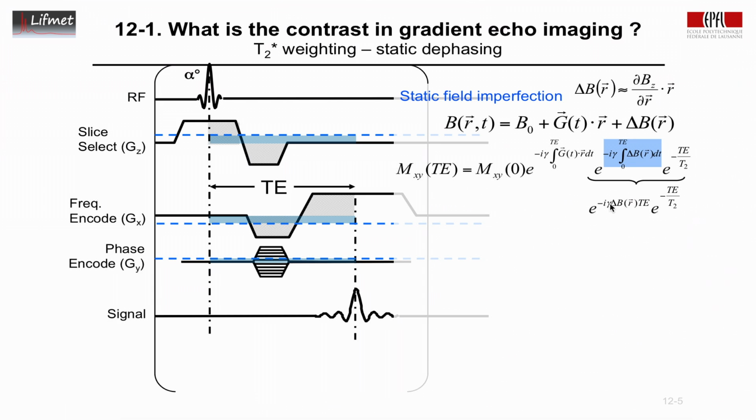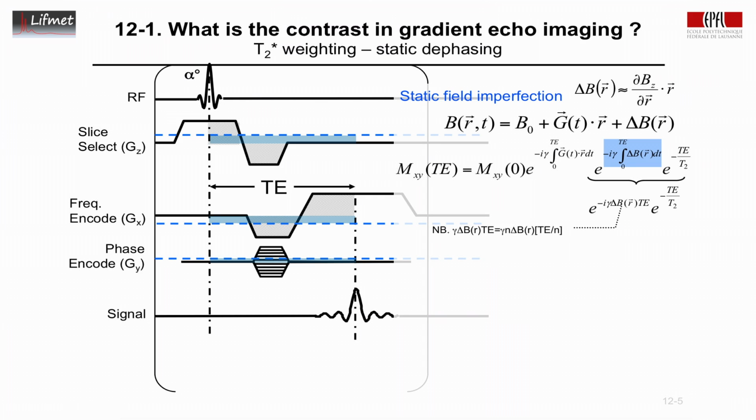Actually, this is the integral directly evaluated. Since delta B does not change with time, it is delta B times TE, and that's the phase effect. Now, to understand the effect of this area, the blue area in the three directions, we're going to use the feature that I introduced last week: a gradient applied simultaneously or sequentially before the echo has the same effect on the echo phase.